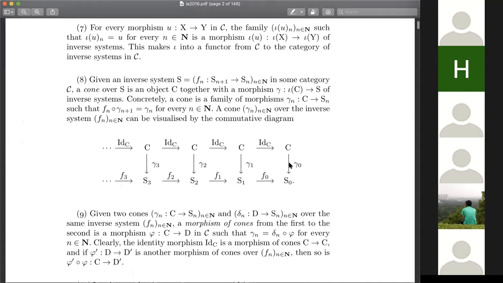There are morphisms in the same category. Everything is happening in some fixed category. So if the S_i's are groups, C is a group. If the S_i's are rings, C is a ring. If the S_i's are topological spaces, C is a topological space, and so on. Thanks.